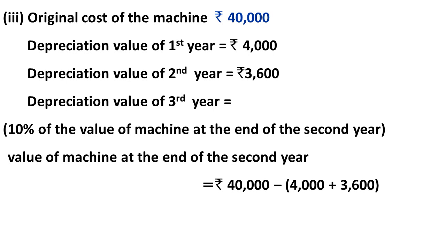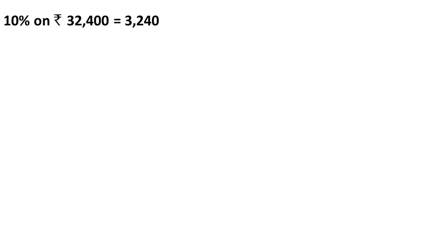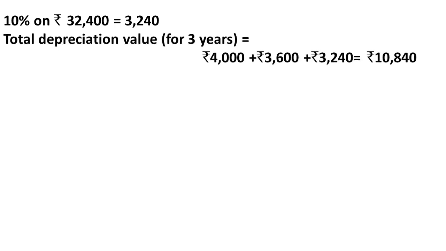That means to say, totally the value of the machine is depreciated by 7,600. Hence, the value of the machine at the end of the second year is equal to rupees 32,400. So, that is the value of the machine at the end of the second year or at the beginning of the third year. On this value, find out the 10% of rupees 32,400. Hence, 3,240 is the depreciated value of the third year.